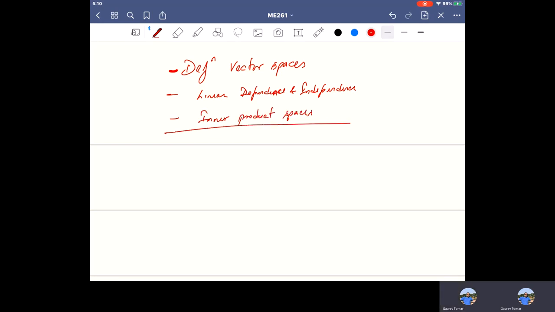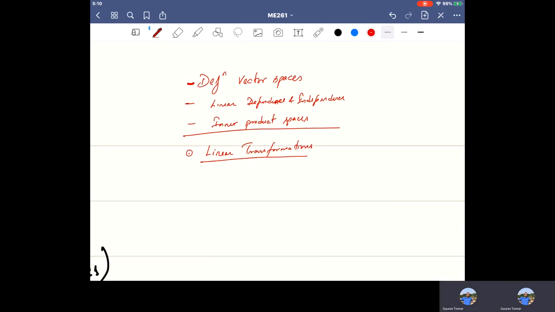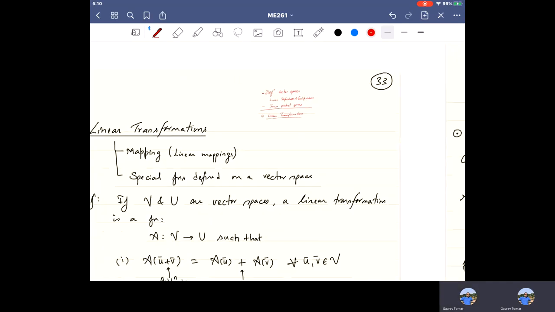So in this class, we'll talk about linear transformations. And as you would see, the matrix system, the system of linear equations, when you write the matrices that you get, are essentially also a form of linear transformations. So what are linear transformations?